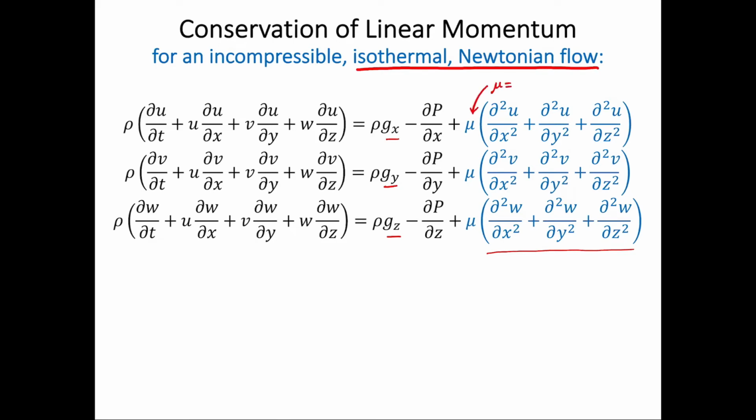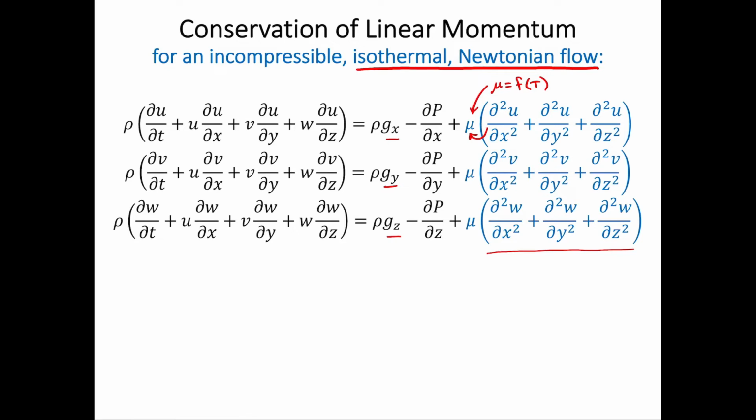So isothermal because mu is a function of temperature. And when I just said U, I really meant to say mu, which is our dynamic viscosity, is a function of temperature, and as a result of that, we need to say that this whole thing is isothermal. The whole fluid that we're dealing with is isothermal, so that we can bring this mu out.